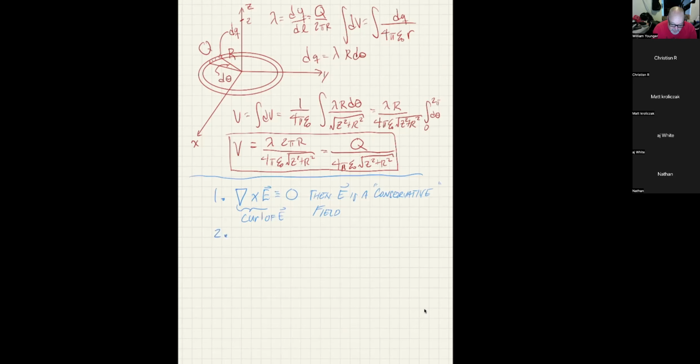Specifically, that tells us that an integral from A to B of E dot dl, in other words, a line integral from point A to point B, is going to be equal to just some F of B minus F of A, and is independent of path.